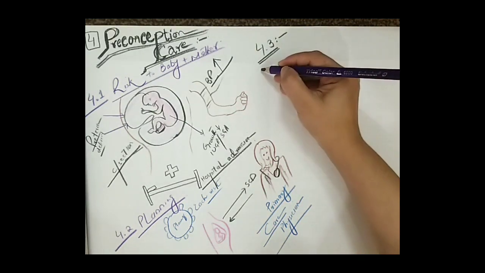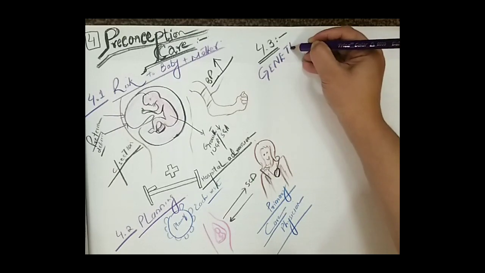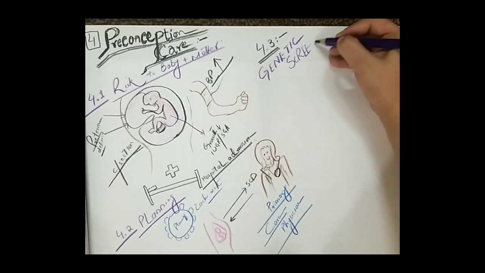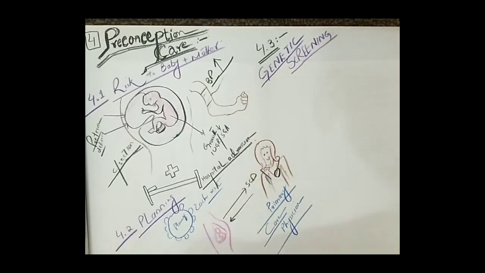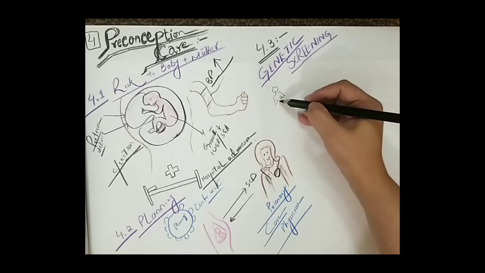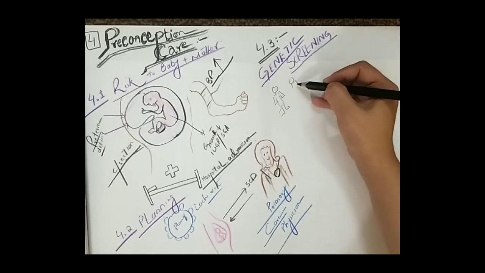Now coming to 4.3. What is the importance of the genetic screening? The genetic screening is explained in 4.3 and what procedures are involved. It's written that women and men with sickle cell disease should be encouraged to have the hemoglobinopathy status of their partner determined before they embark on pregnancy.